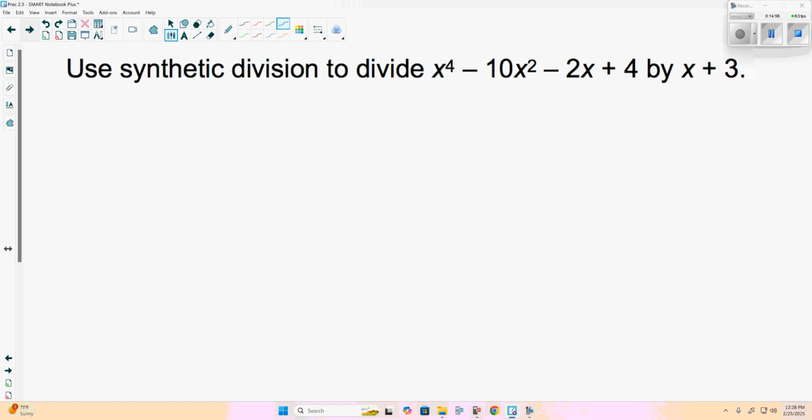So when we have synthetic division, the way we set it up is that we have the cubby and our line. Now to find the number that goes in the cubby, we take what we're dividing by, x plus 3, and set it equal to 0, and solve for x.